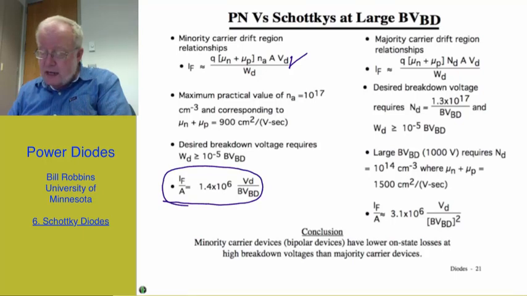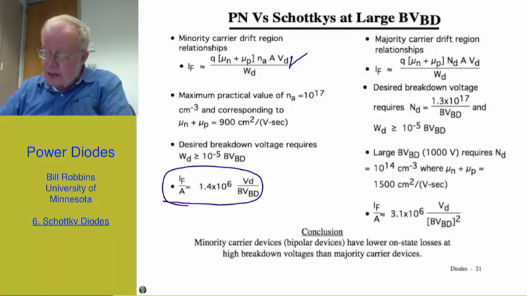So all things being equal between the two types of diodes, minority carrier devices have a current density that's inversely proportional to the breakdown voltage. If I go to a majority carrier device like a Schottky diode, here is your equation for the forward current. The breakdown voltage requirement says that the doping density is given by this equation.